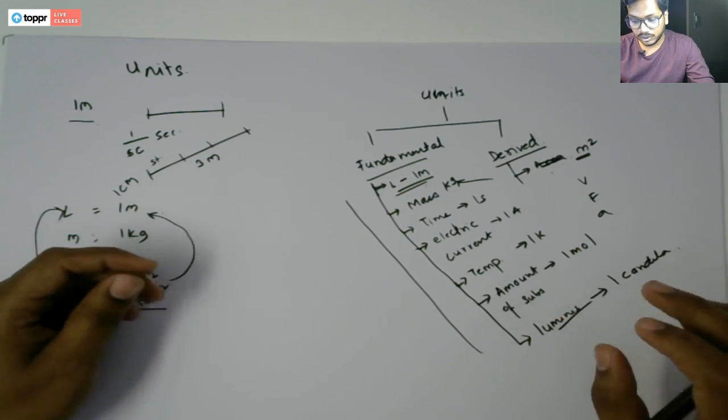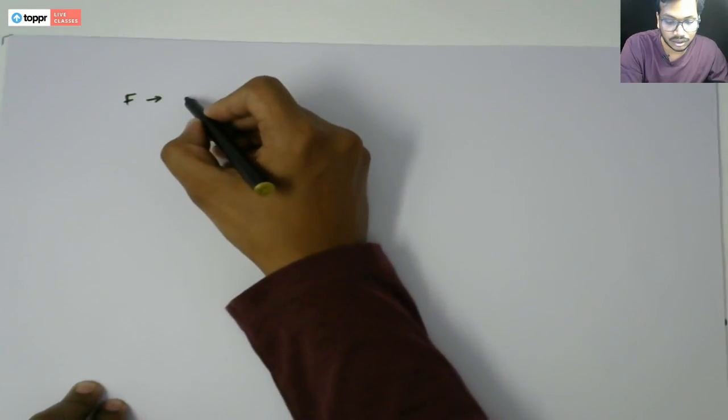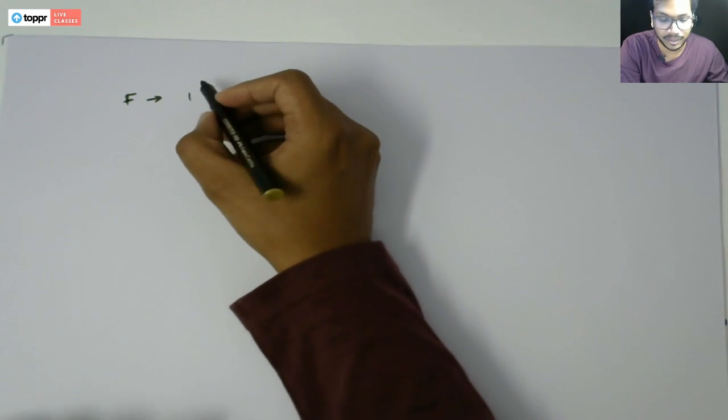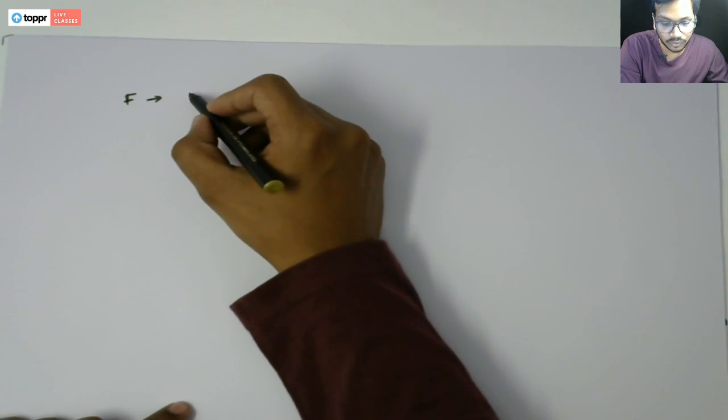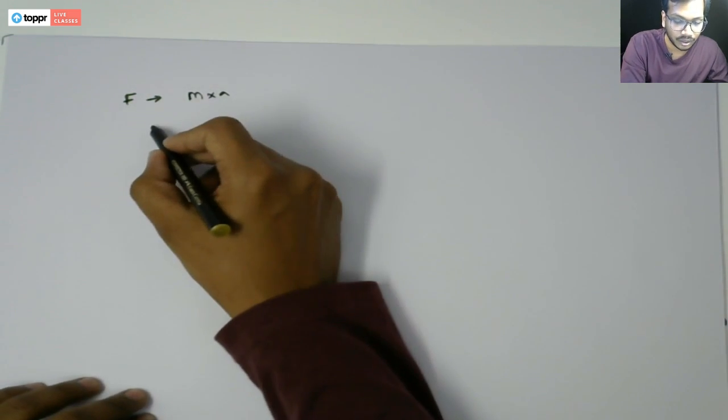Let us look at one example. Let us say we want to find the unit of force in the form of fundamental units. Force can be defined as mass into acceleration, right?